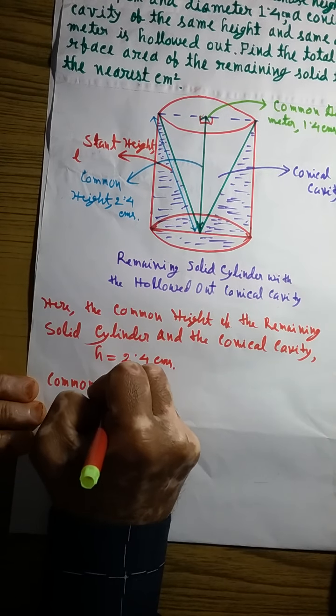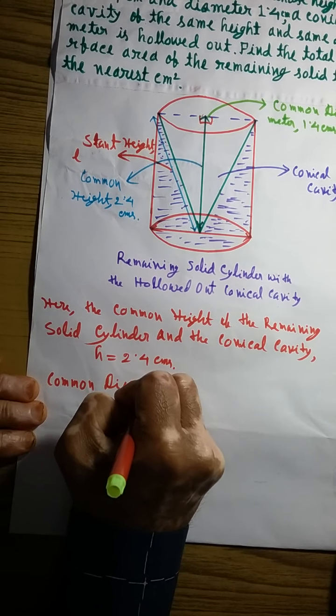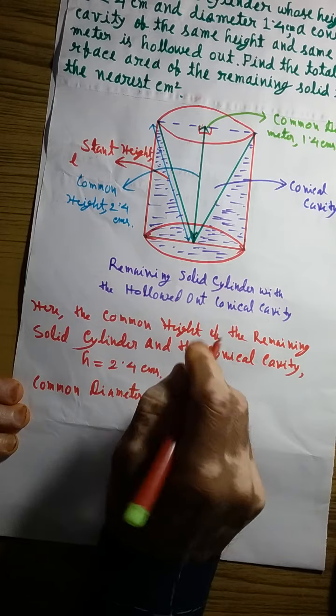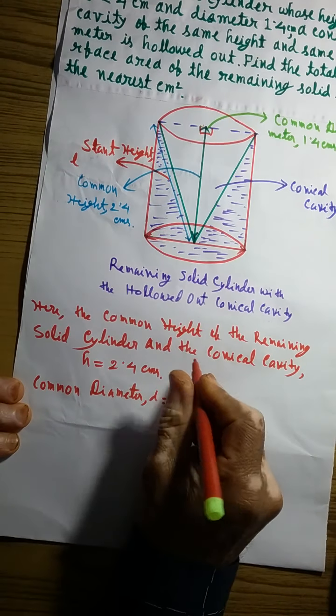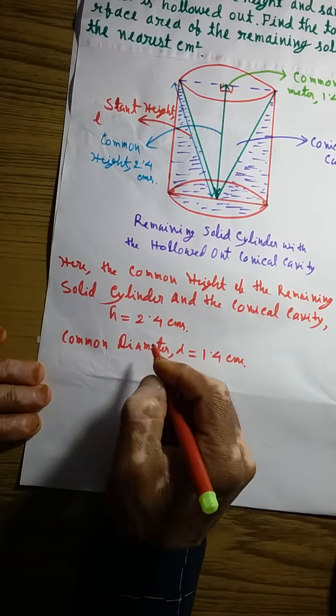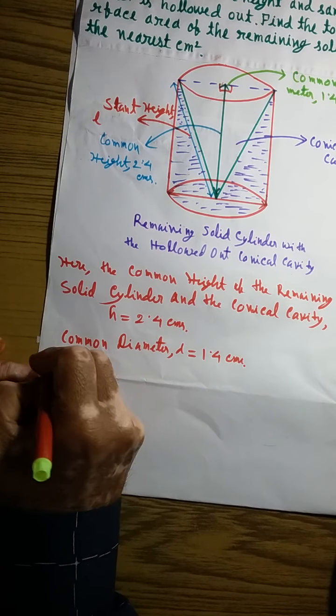Common diameter, small d is equal to 1.4 centimeters. After this, write in this way.